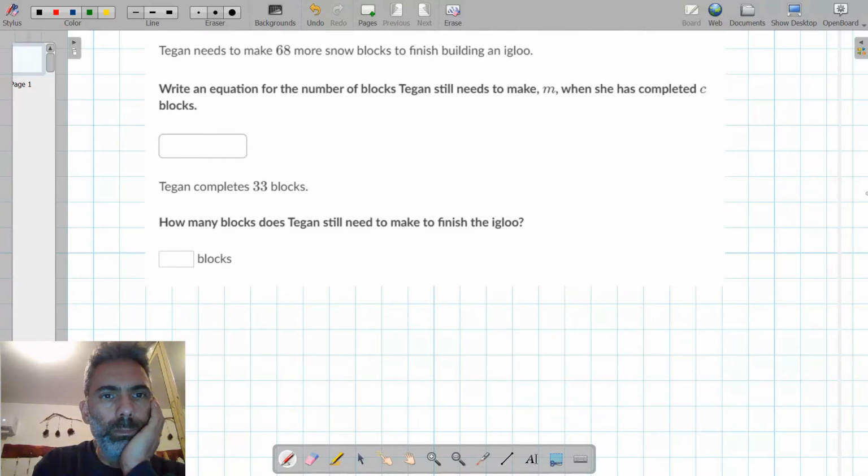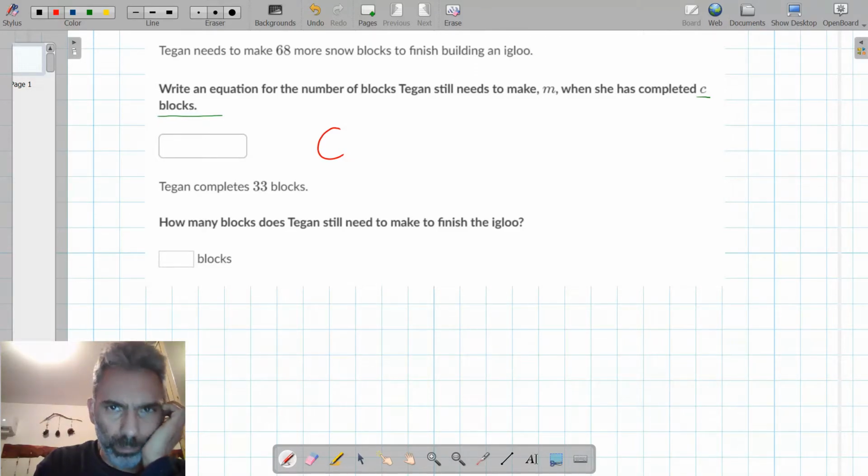Okay, so she's completed C blocks. She needs to make M.